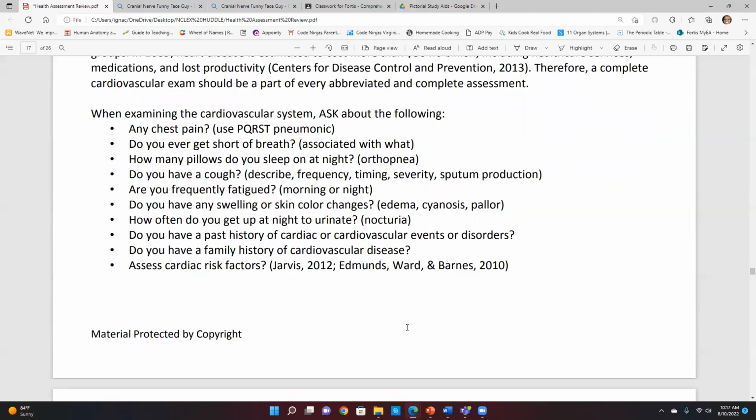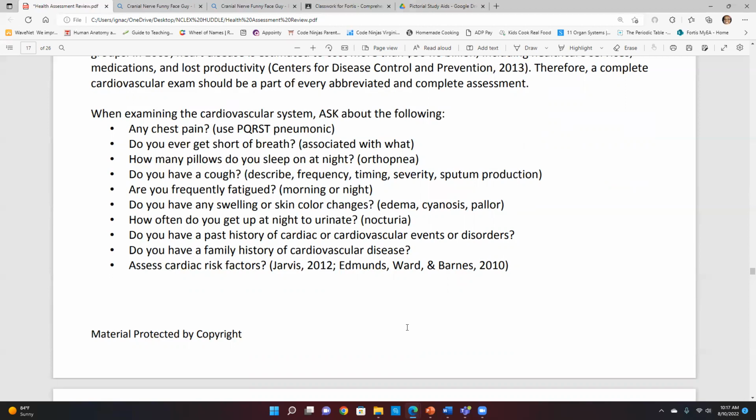What does that mean? The patient has to sleep upright, sitting up, right? As if they were sitting up in a chair. Sometimes the patients will have pillows piled up on their bedside table, and they cannot sleep because when they lie in the supine position on their backs, they cannot breathe. Okay, that is very significant.